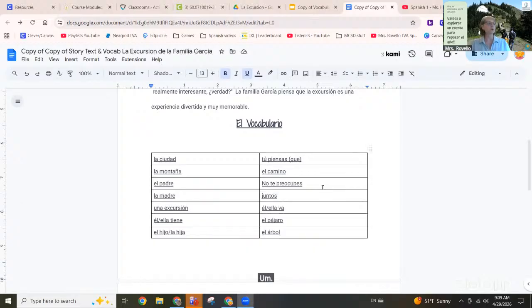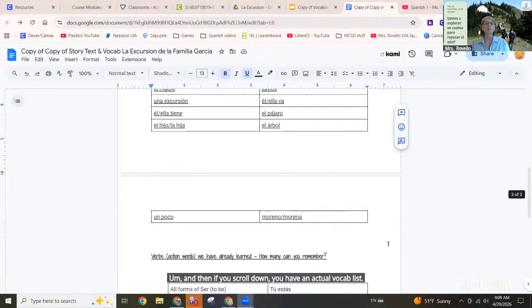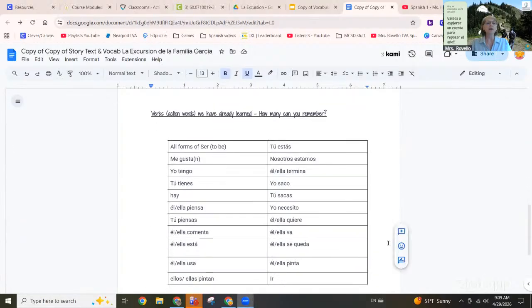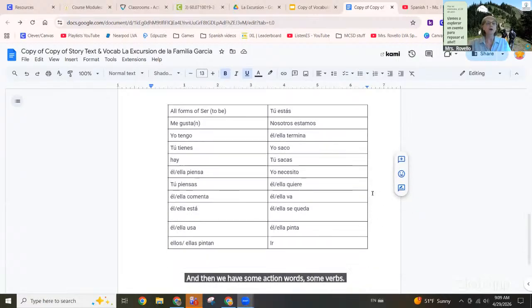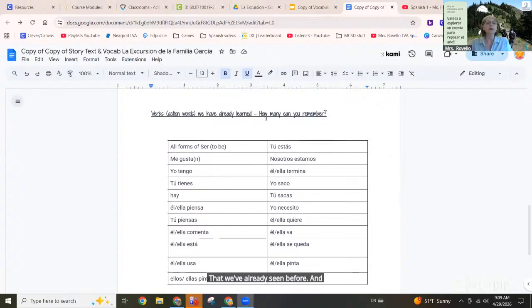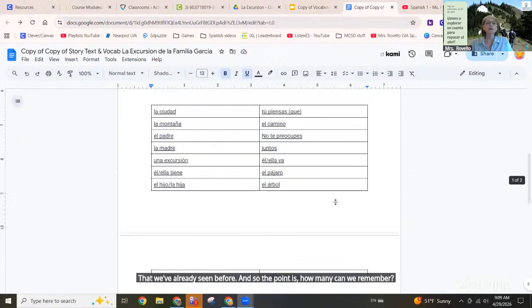And then if you scroll down, you have an actual vocab list. And then we have some action words, some verbs that we've already seen before. And so the point is, how many can we remember? Okay, so let's start up here.